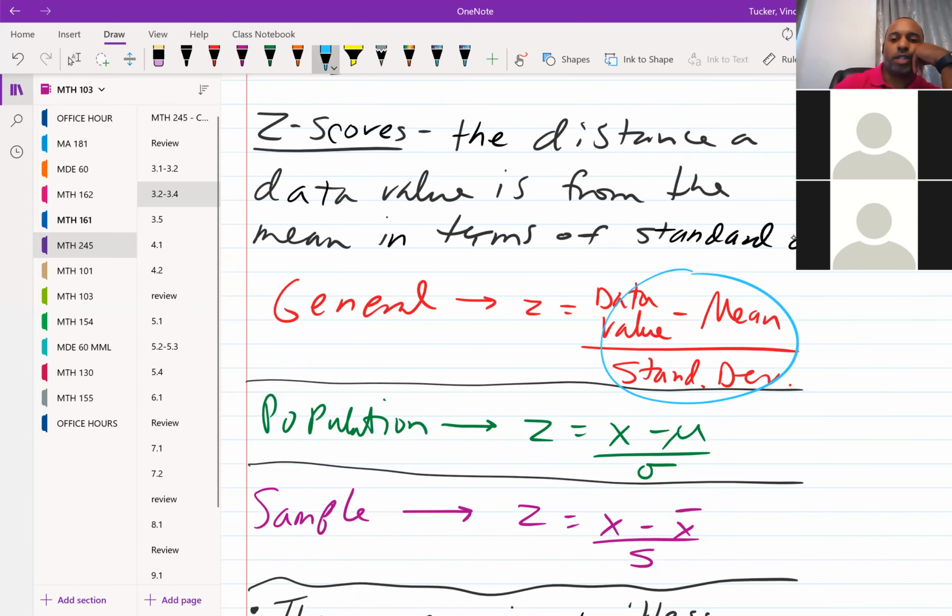All three of these are the same formula, just that this is generally what it means. Here are your population symbols, here are your sample symbols. Regardless, you have your data value minus the mean divided by the standard deviation.